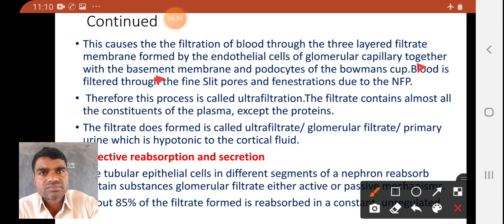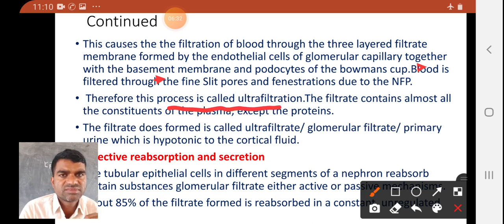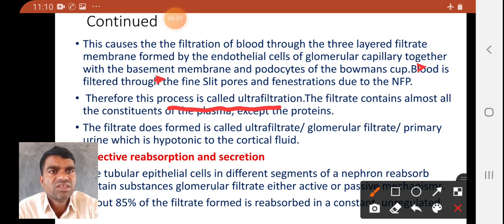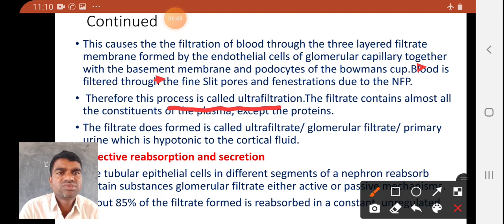Therefore, this process is called ultrafiltration. The filtrate contains almost all constituents of the plasma except the proteins.